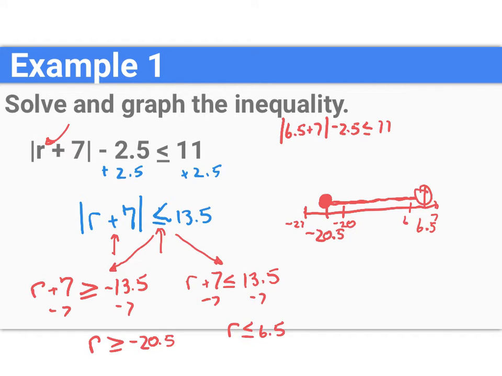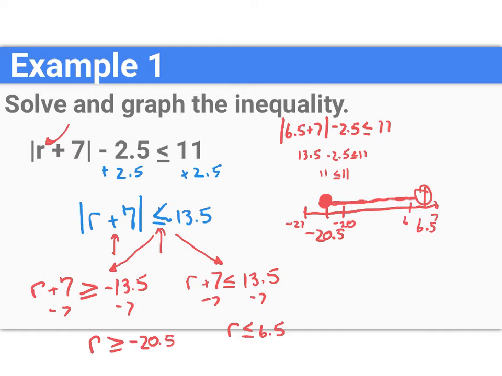So you get 13.5 minus 2.5 is less than or equal to 11. 13.5 minus 2.5 is 11. It's less than or equal to 11. And that, my friends, is true, but we did not want to include the 6.5 for some reason.